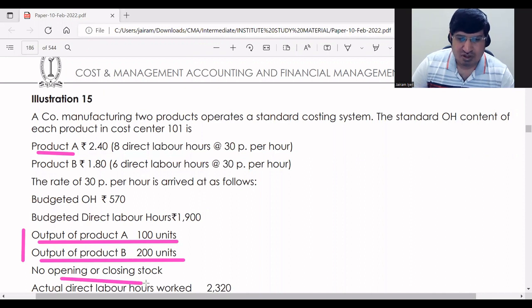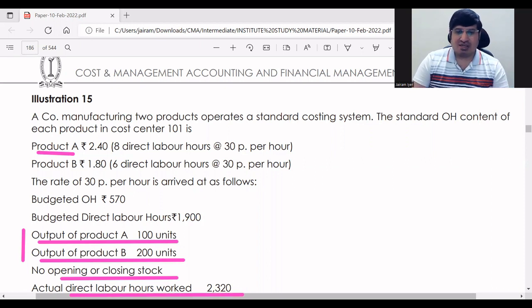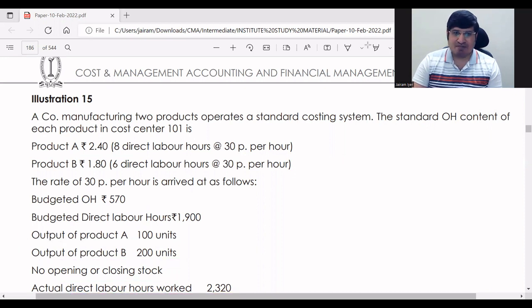Okay, no opening or closing stock, and actual direct labor hours worked is 2320. Actual direct labor hours is how much? 2320. Okay, and budgeted direct labor hours is 1900. Actual labor hours is 2320.